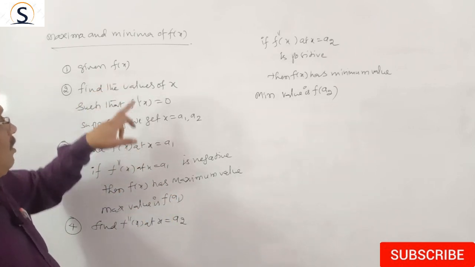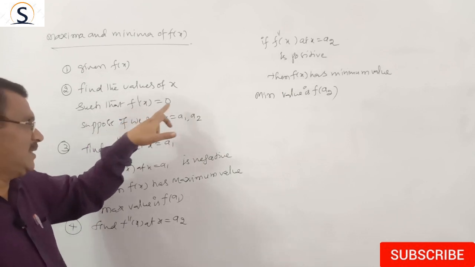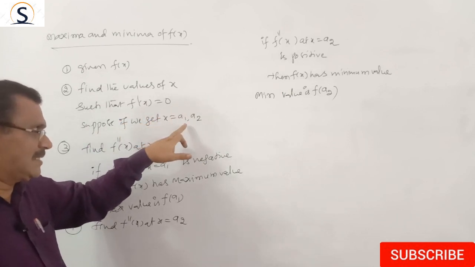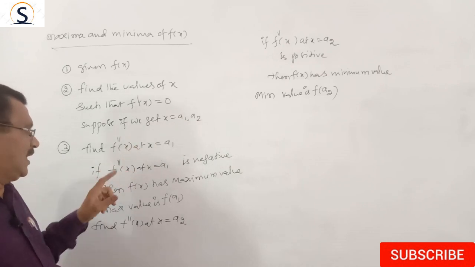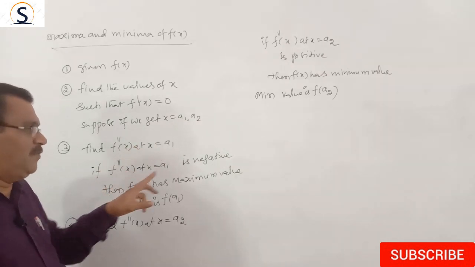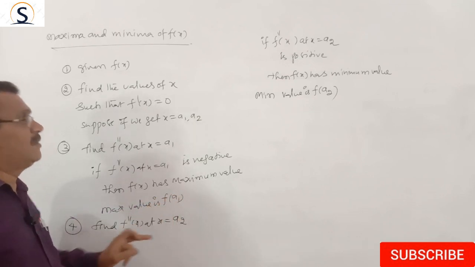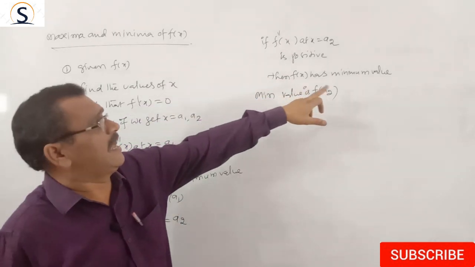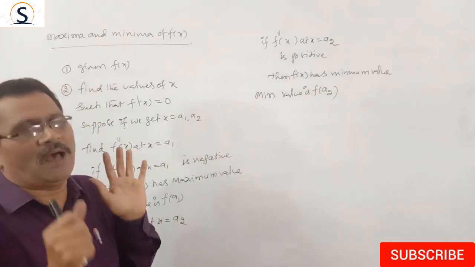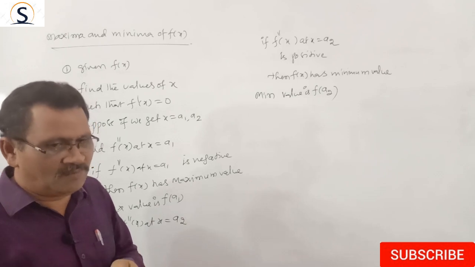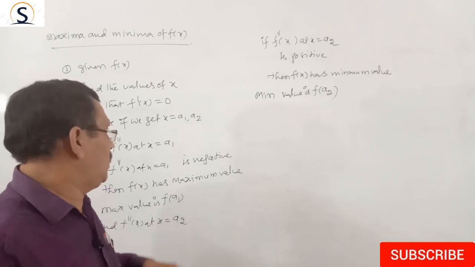Given a function f of x, find the stationary values, that is, f dash x is equal to 0, and you get some x values. At each value you find f double dash of x. If it is negative, you decide it has a maximum, and if it is positive, it has a minimum value. But in problems, questions like find the maxima or find the minima of this function will come only.